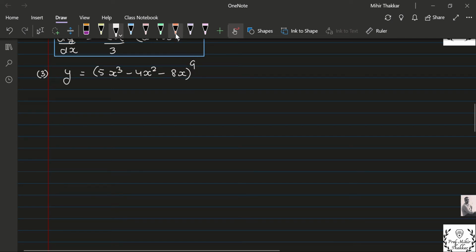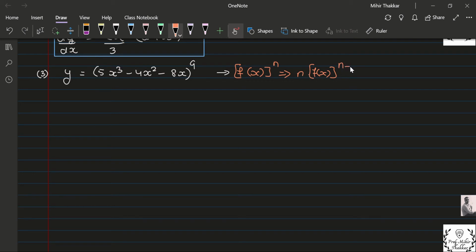So once again I have to use the same formula over here also, which is f(x) to the power n. We just now saw the formula, it was n into f(x) to the power n minus 1, and this entire base element is considered as f(x).